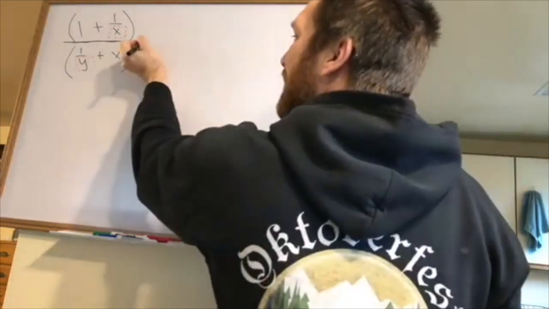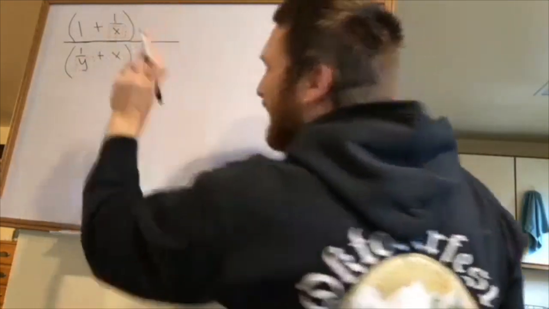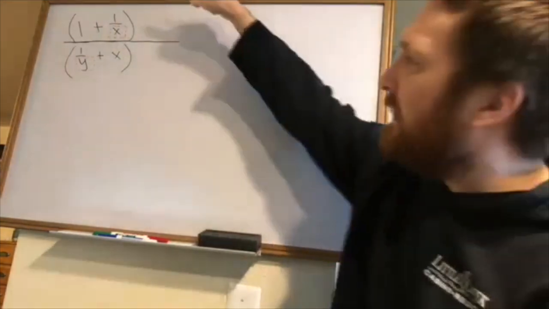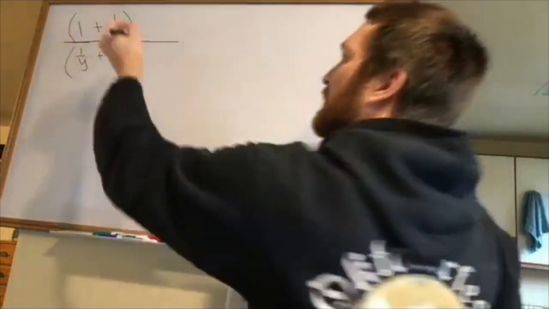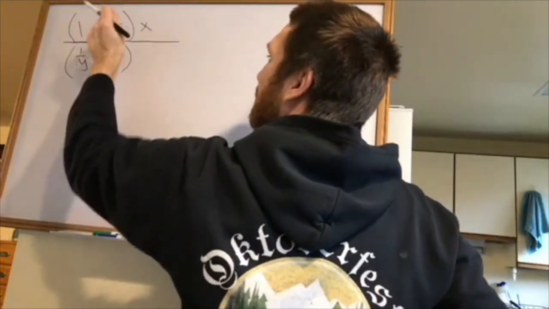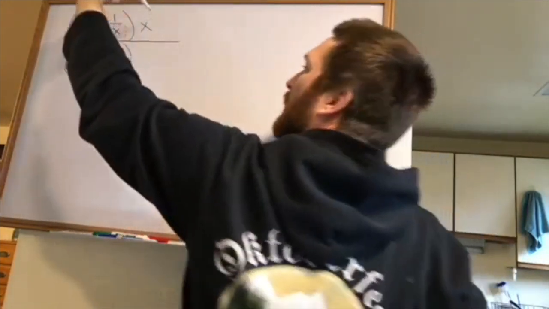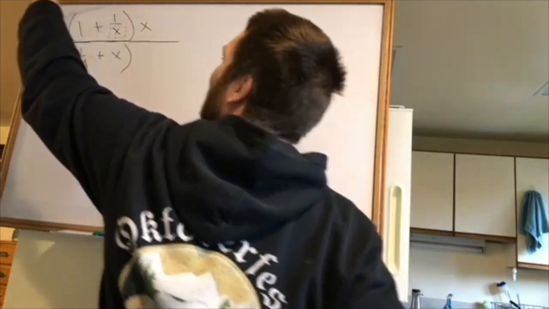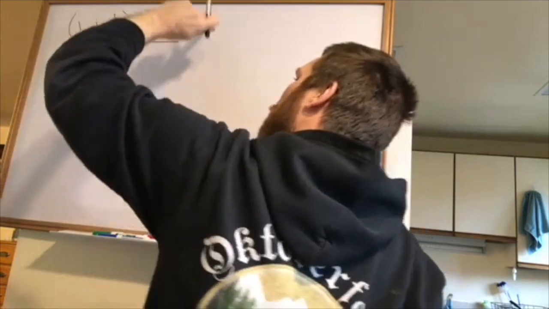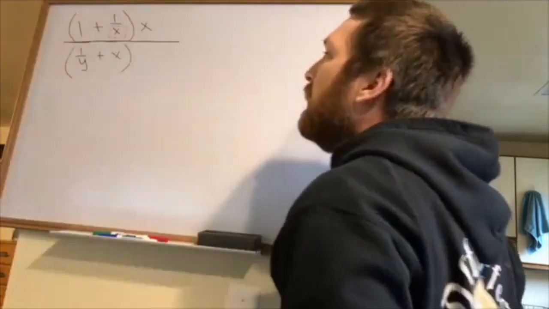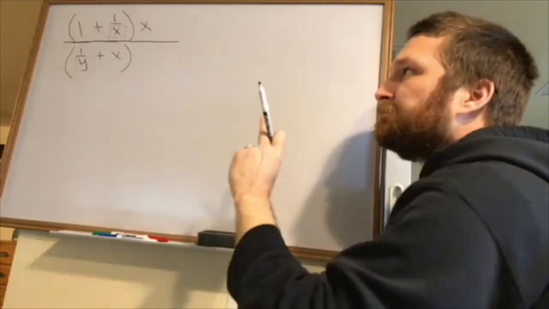So if I multiply this number by X, then it would kill that denominator. Yes, we pick up an additional X over here, because this is why I said to use parentheses: we're going to have to distribute it into there, and we don't want to forget about that.